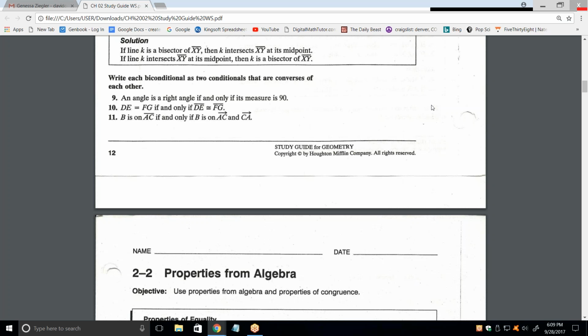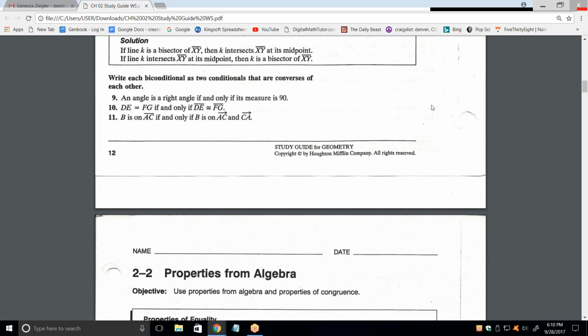Okay, 11. Wow, hold on. All right, these are fairly straightforward, I think. In other words, you just eliminate the "and only," right? Yes.